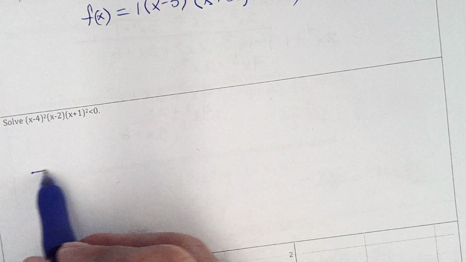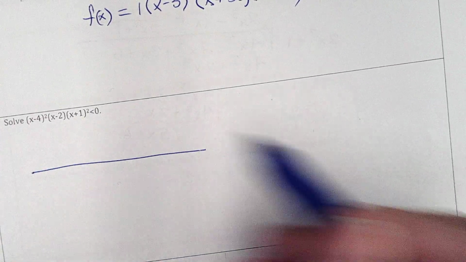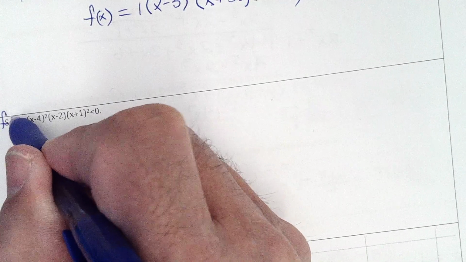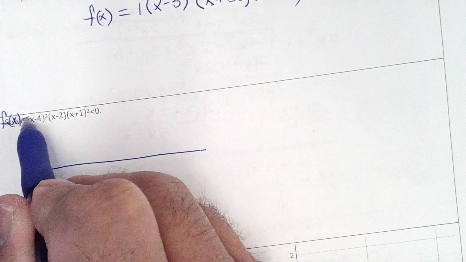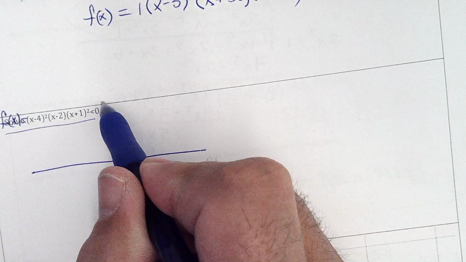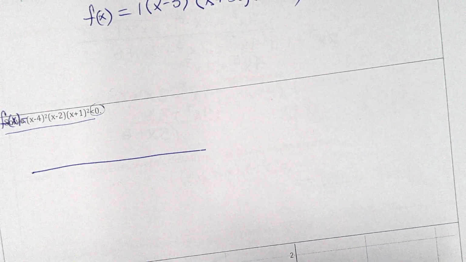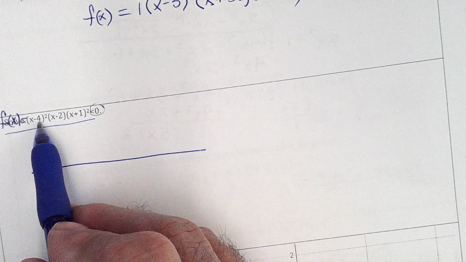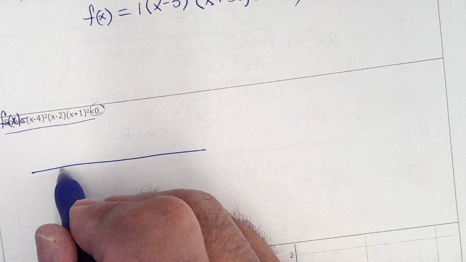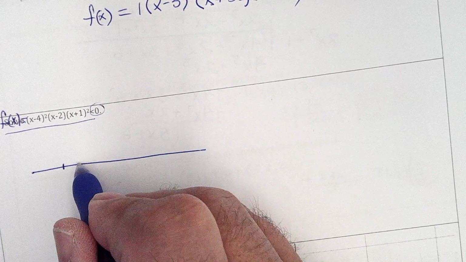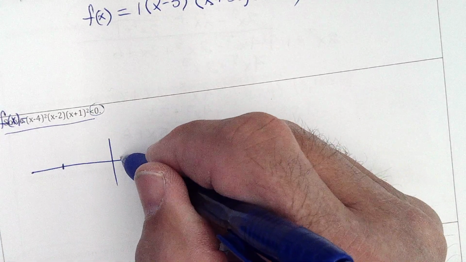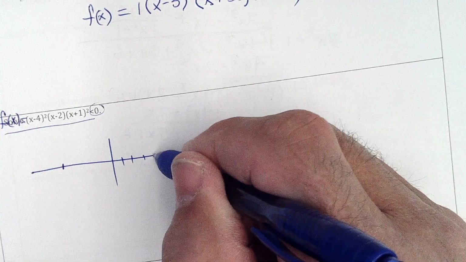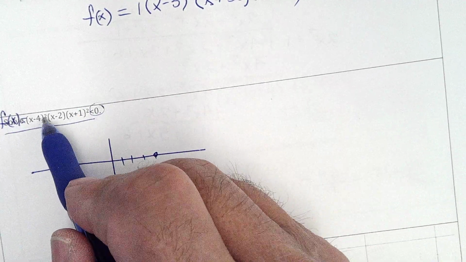Now, the book does these a little differently than I do. I like to just say, what do we know about this? If this was f of x equal this, ignore this for a sec. It has a 0 at positive 4. 1, 2, 3, 4. It has a 0 there. In fact, it's a double 0.